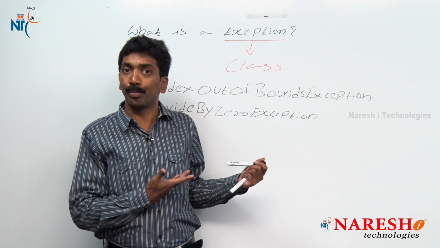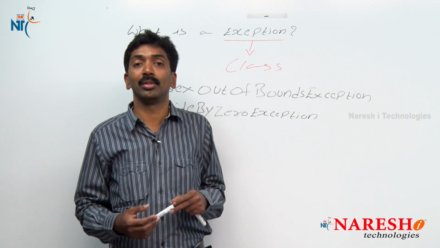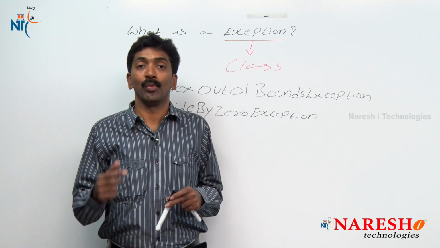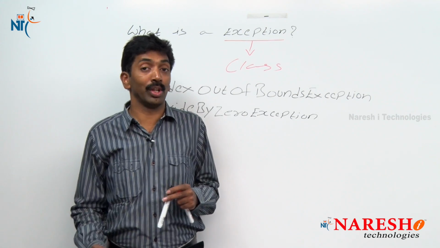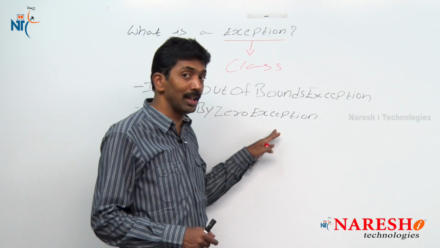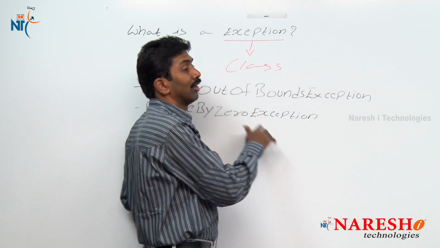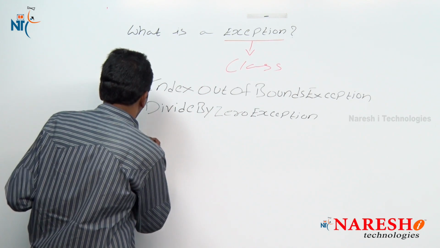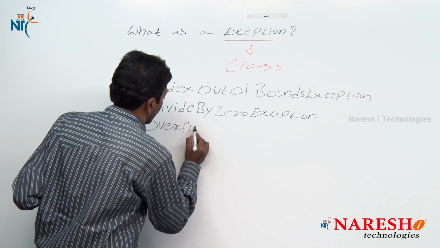So in our application also, we can never divide by 0. The computer knows that. So when you try to divide a number by 0, immediately this class comes into the picture to cause the abnormal termination. Okay, see, there is another exception called overflow exception.